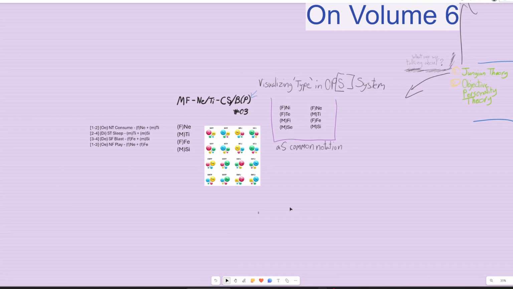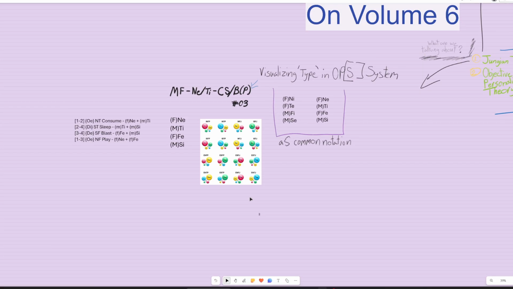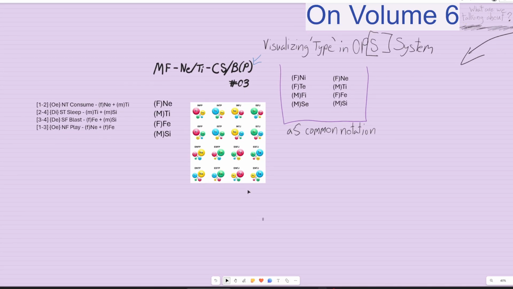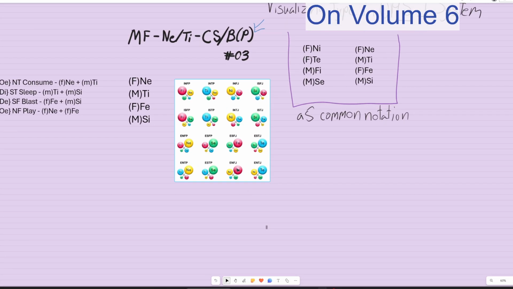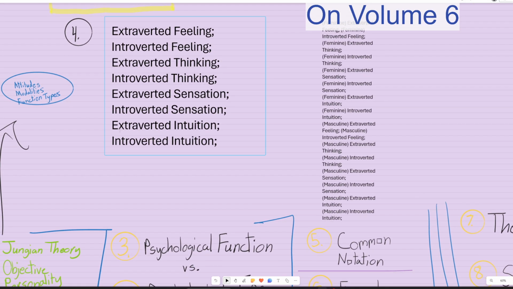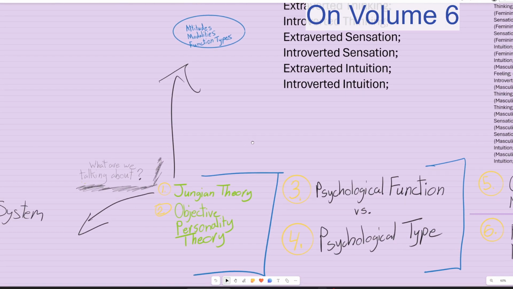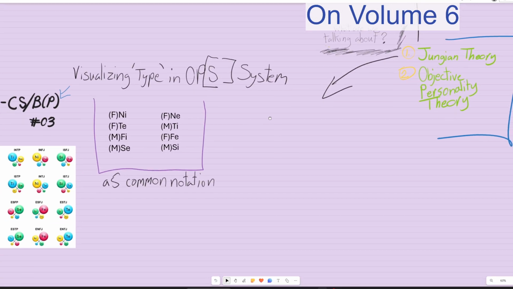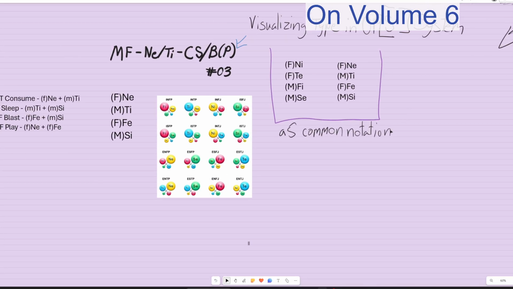We've begun by talking about my psychological functions and my psychological type in the objective personality system. In conventional Myers-Briggs or conventional OPS, I would be considered extroverted intuitive or introverted intuitive, depending on identification.